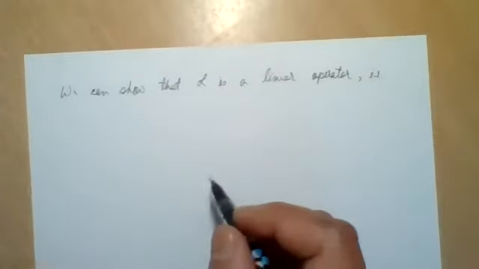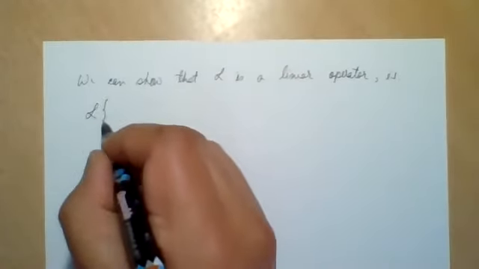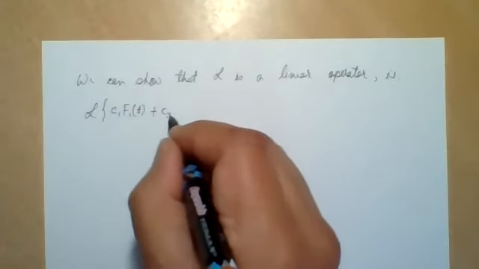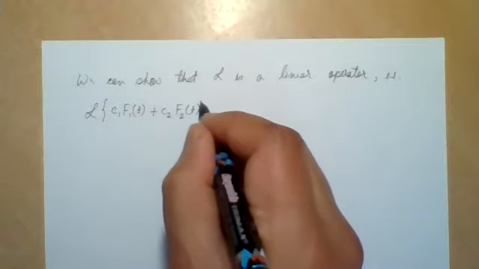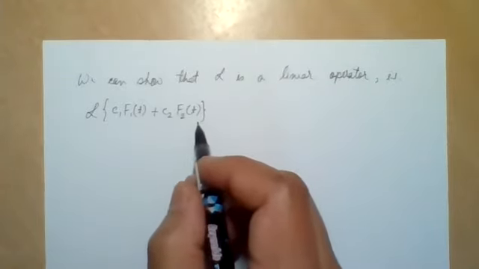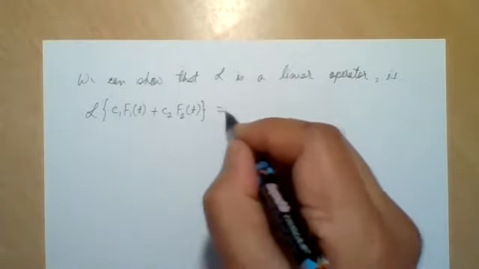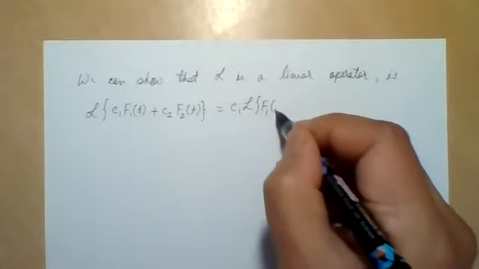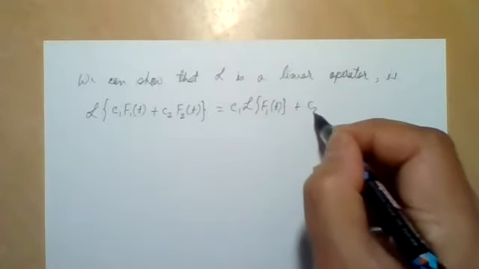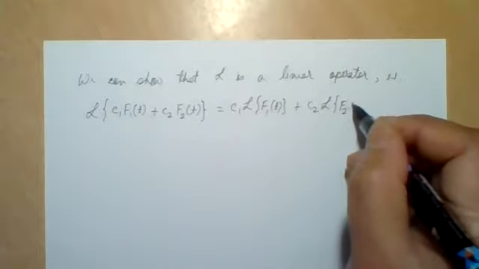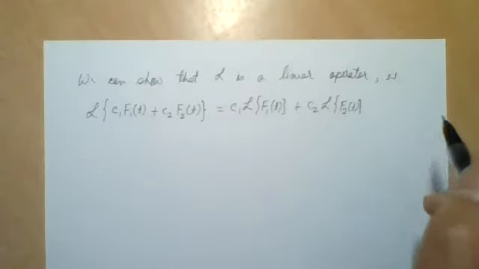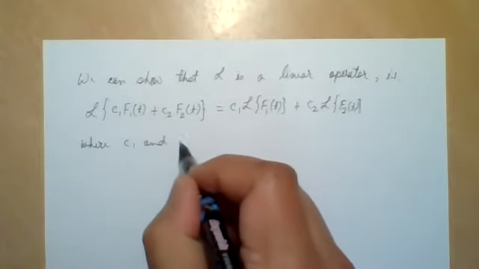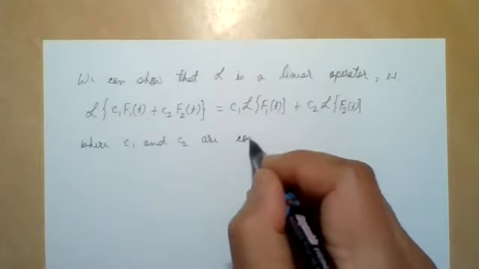That is, the Laplace transform operating on C1 F1 plus C2 F2, where F1 and F2 are two functions of t, should be equal to C1 times the Laplace transform of F1 of t plus C2 times the Laplace transform of F2 of t, where C1 and C2 are constants.